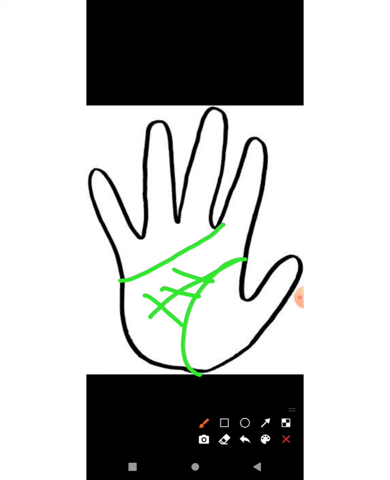The headline should not have any line crossing over it. If lines are crossing over the headline, then the person is not allowed to think independently, and other persons influence him and make him frustrated while taking decisions.